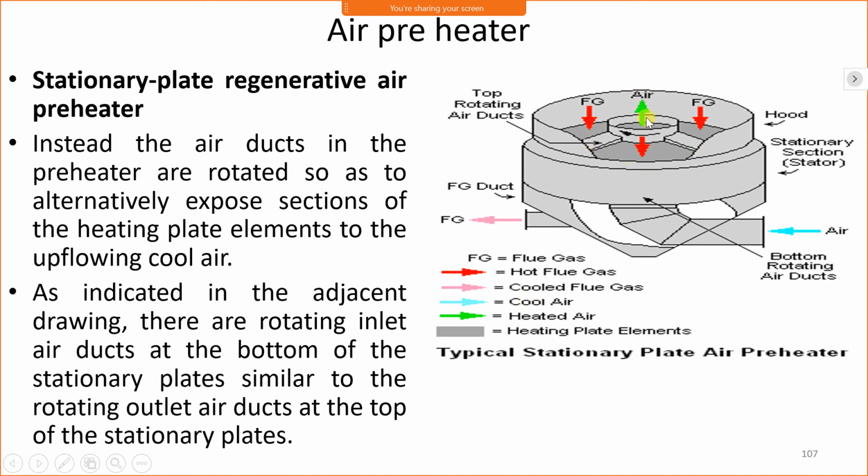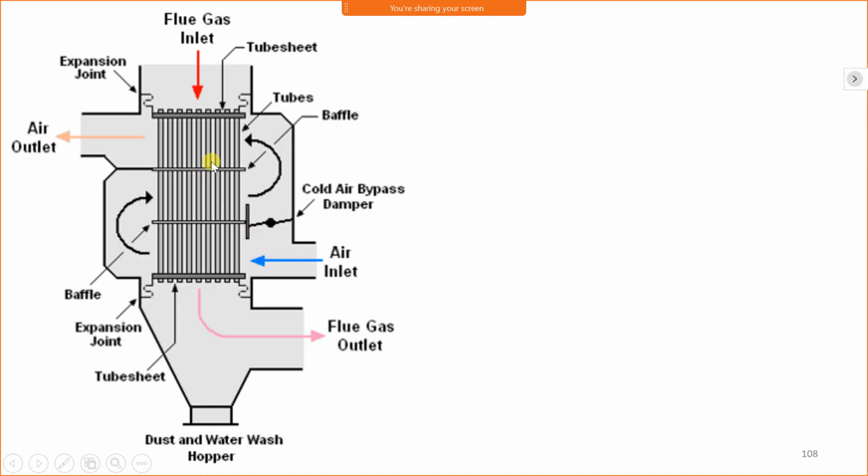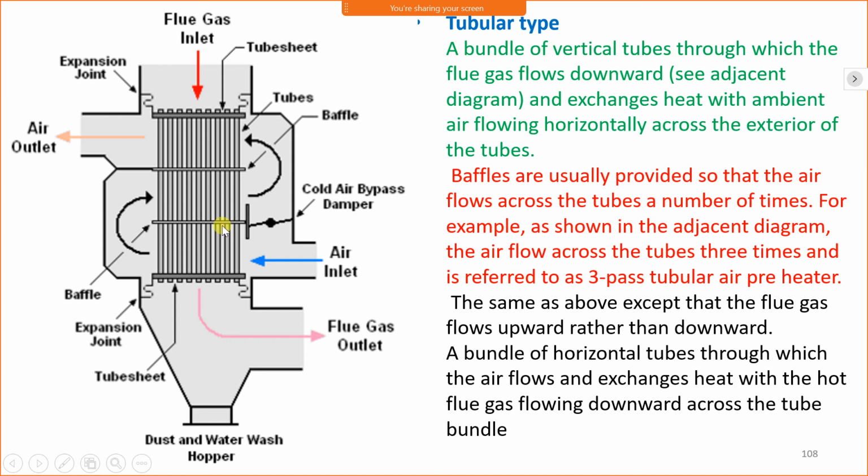This plate is stationary and this is a rotary drum, or we can say duct. As it is rotating, more air can come in contact with the flue gas, and the temperature can be increased to a higher value.